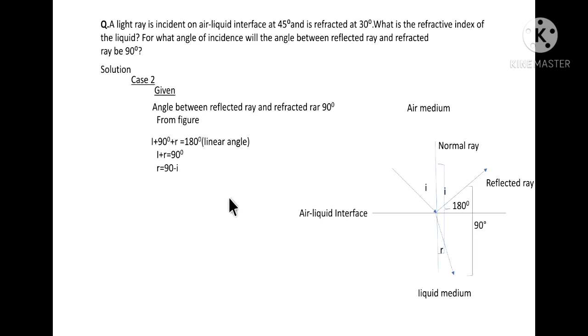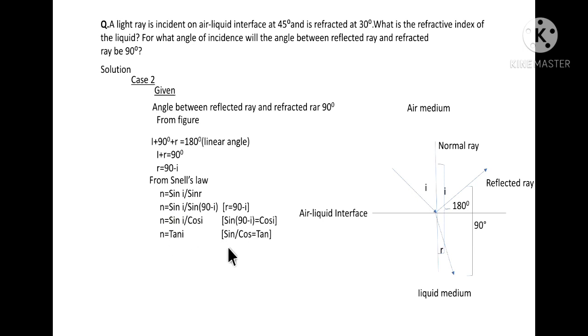Now according to Snell's law, we have the formula n is equal to sin I by sin R. Now substitute the value of R that we got, R equal to 90 minus I, we will get n equal to sin I by sin of 90 minus I. We know that in mathematics sin of 90 minus theta equals cos theta.